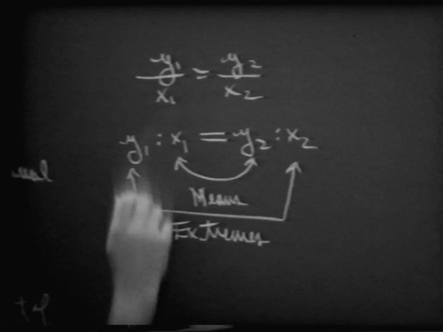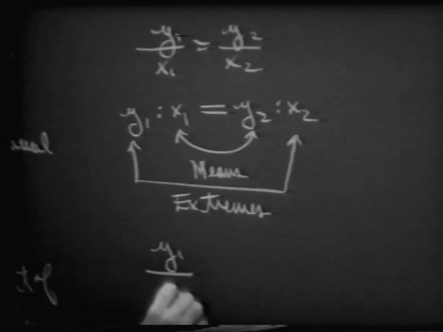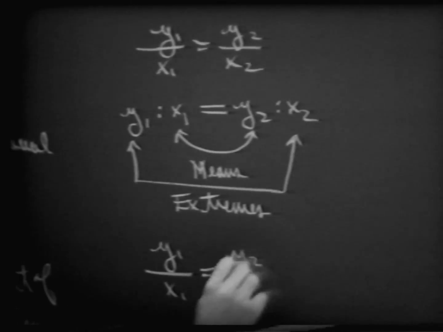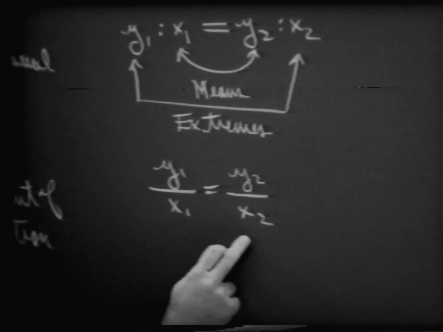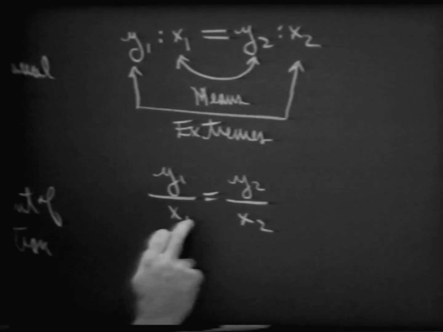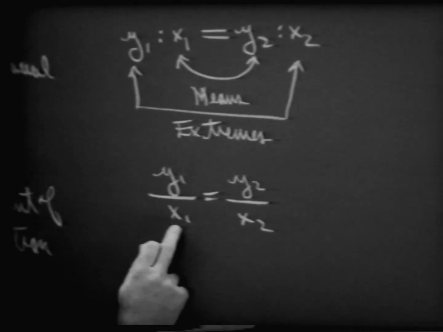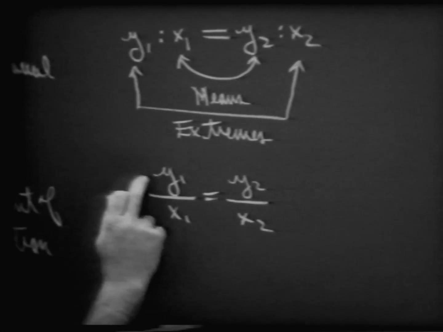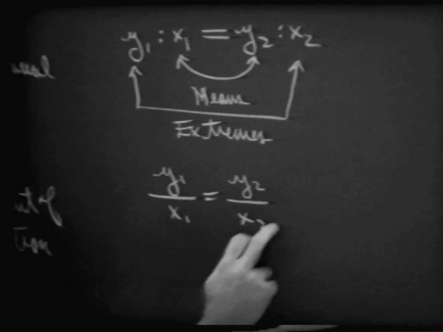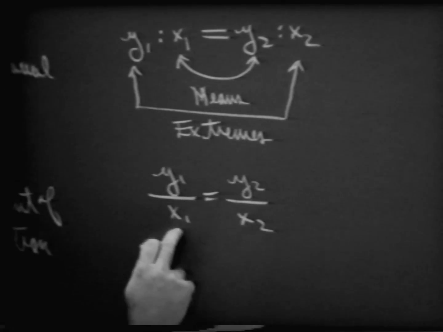Now, let's write this proportion down again: y sub 1 is to x sub 1 as y sub 2 is to x sub 2. If we multiply both sides through by x sub 1 times x sub 2, x sub 1 over x sub 1 is a name for 1, and we'll have x sub 2 times y sub 1. Over here, x sub 2 over x sub 2 is a name for 1, and we'll have y sub 2 times x sub 1.